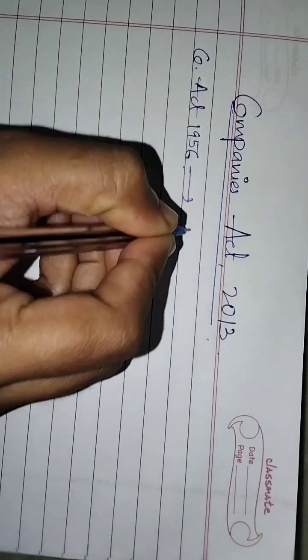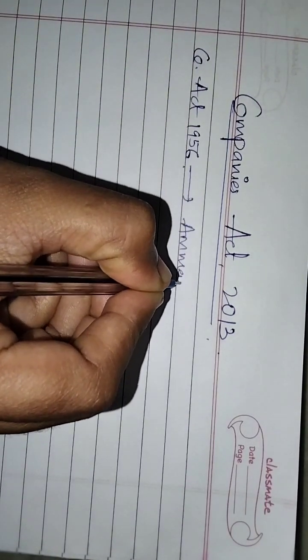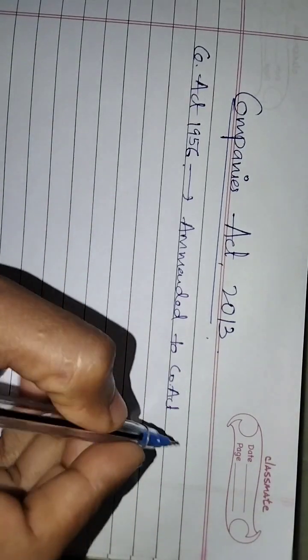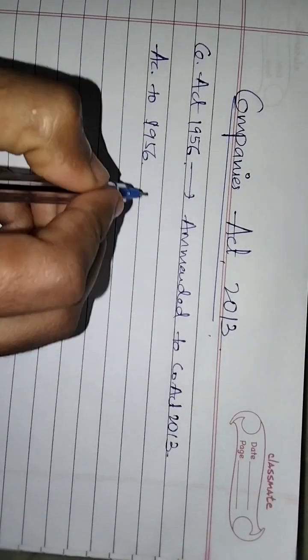Earlier we had the Companies Act 1956. This was amended to the Companies Act 2013. Why do you think it was amended? According to the 1956 Act, there were so many sections.